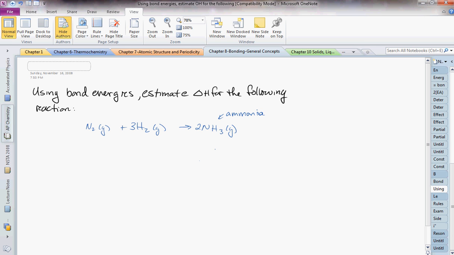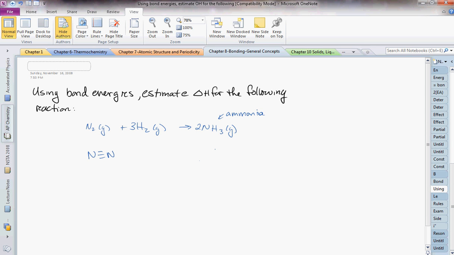In order to do this successfully, we first have to know what the bonds are in each of these molecules in this reaction. In other words, how many single bonds of each type, how many double bonds of each type, how many triple bonds. So nitrogen has a triple bond between the two nitrogens. That is what a nitrogen molecule is symbolized as.